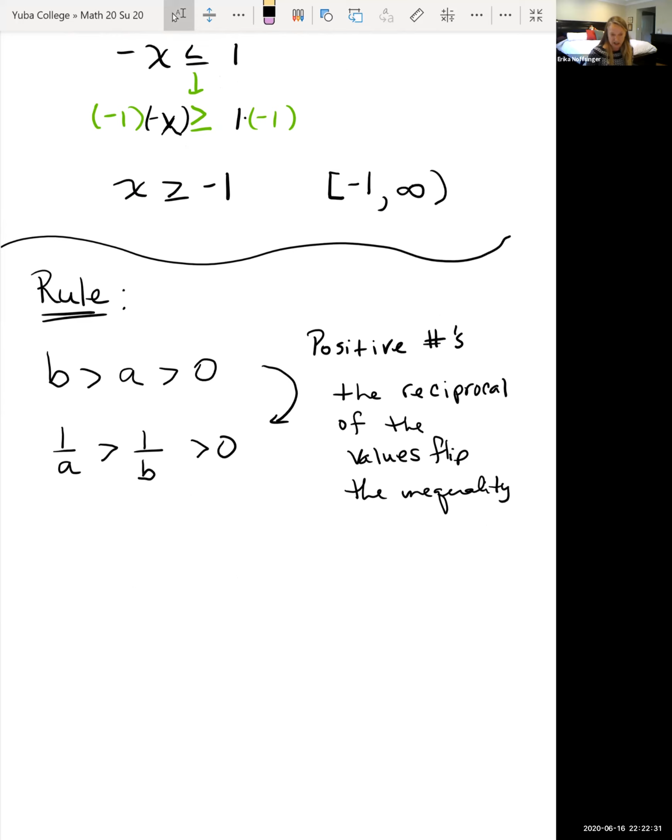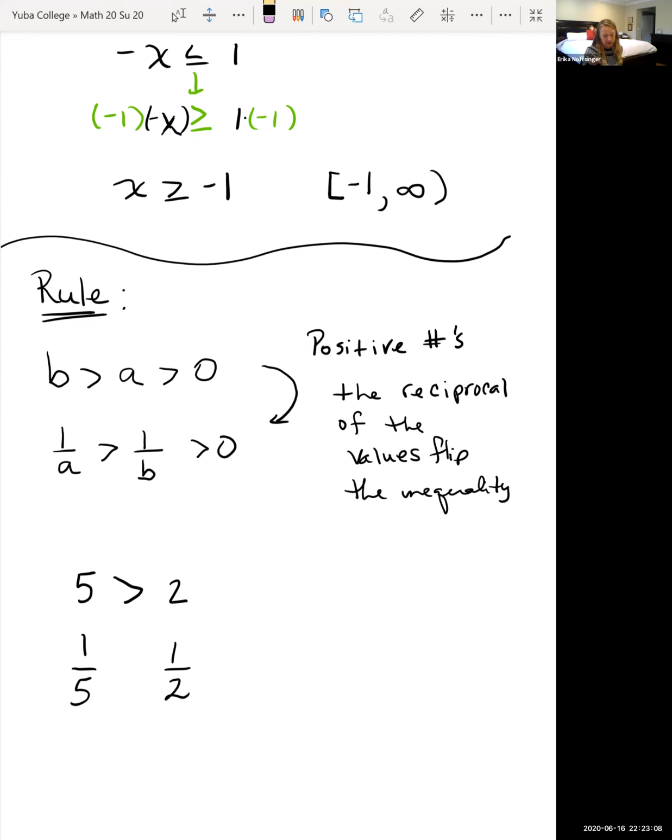Sometimes just looking at things with real numbers makes it easier to see. So let's just choose two numbers that are positive. So 5, and I need that number to be bigger than A. So let's just say A is 2. So the reciprocal of 5 is 1/5. Let's compare 1/5 to the reciprocal of 2, which is 1/2.